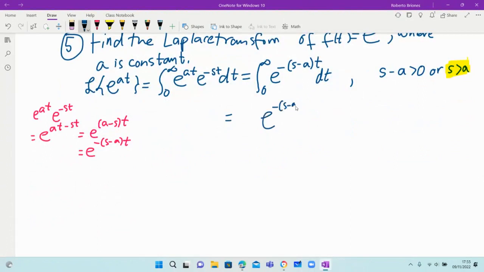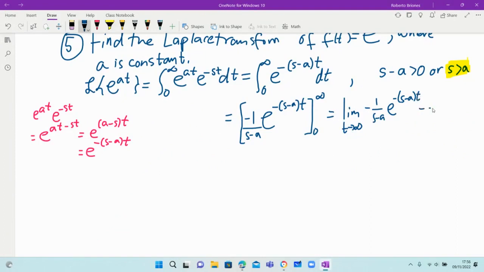Incidentally, it's quite easy to get the antiderivative of this integrand. So it's just negative 1 over s minus a integrated from 0 to infinity. This in turn is equal to the limit as t goes to infinity of negative 1 over s minus a times e to the negative s minus a t, minus the value at 0.